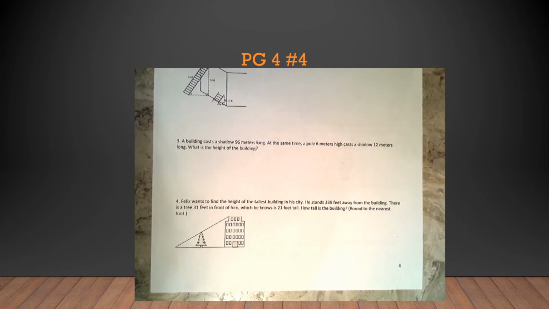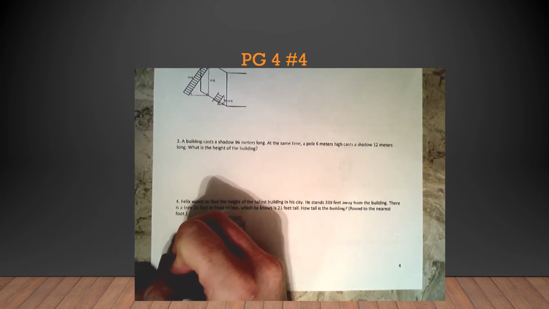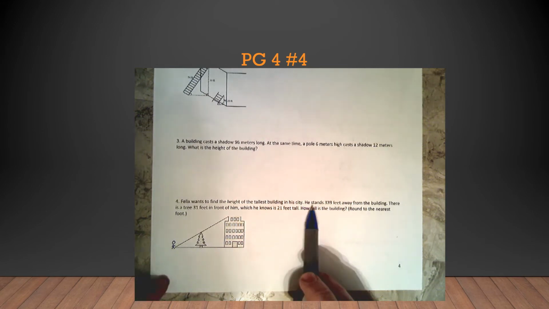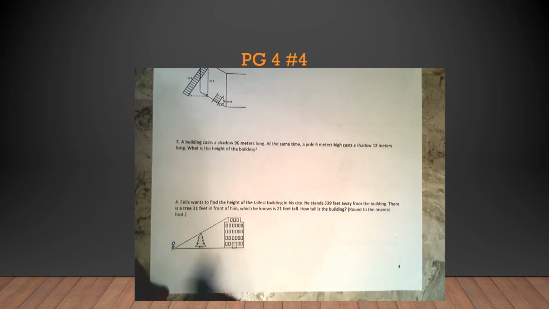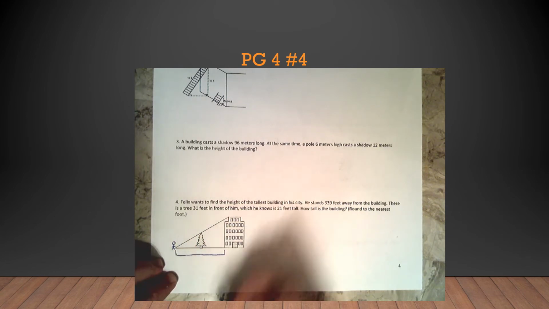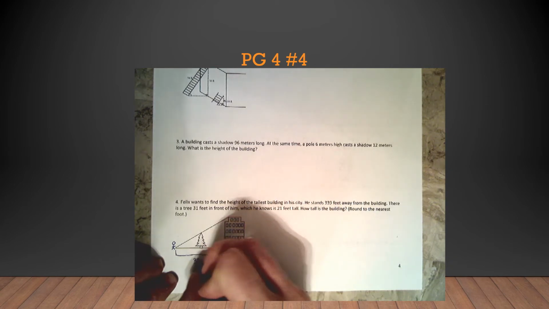First thing we should always do, if you have a word problem, is draw it out. A lot of it has been drawn for us, but there are a few things that we know. First of all, Felix is standing right here. So there is Felix, my nice little stick figure. It said that he stands 339 feet away from the building. So the full length from where he stands to the building is 339 feet.